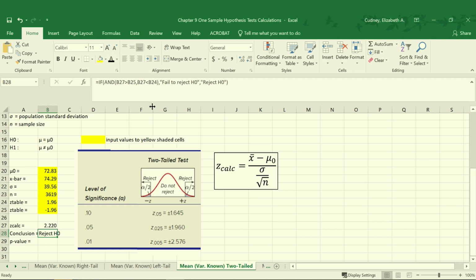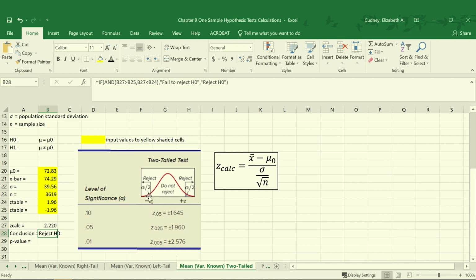So we can set this up through our logic that if B27, which is our z calculation, is greater than B25, which is our negative z-value, and B27 is less than B24, this is looking to see if the value falls in the do not reject region.